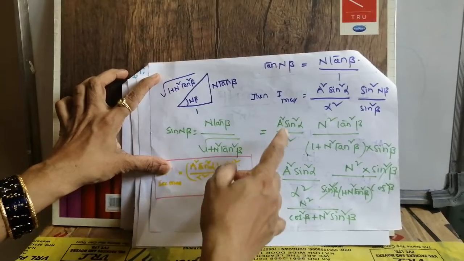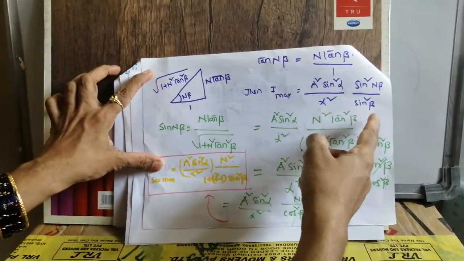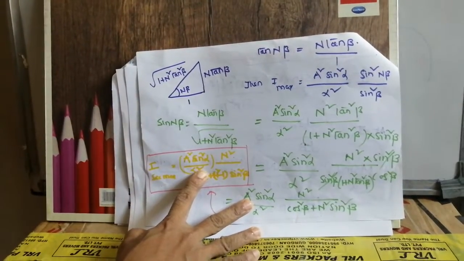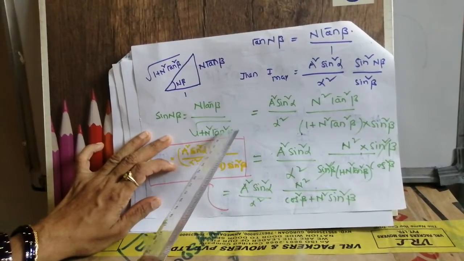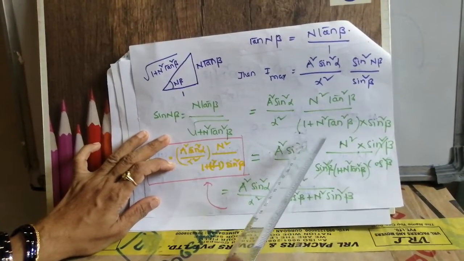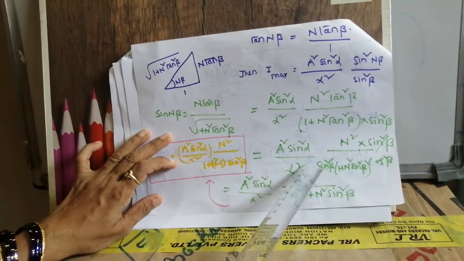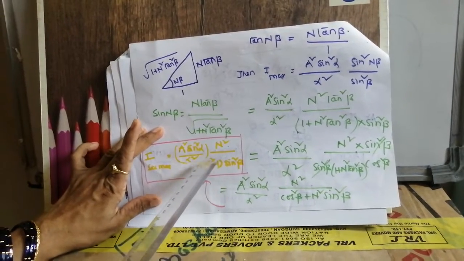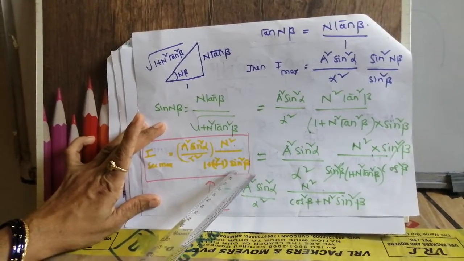Then I maximum equal to A square sin square alpha by alpha square times sin square n beta by sin square beta, that equals A square sin square alpha by alpha square times n square tan square beta by 1 plus n square tan square beta, divided by sin square beta. So I am substituting this and simplifying. We will get finally A square sin square alpha by alpha square times n square by 1 plus n square minus 1 sin square beta.